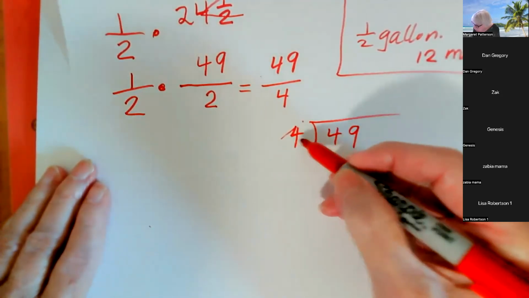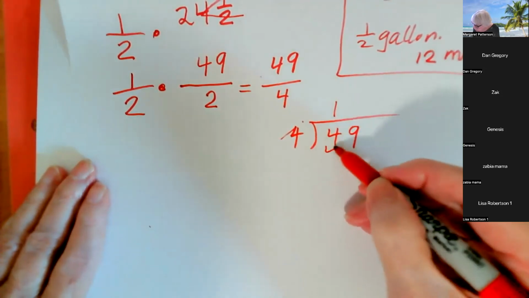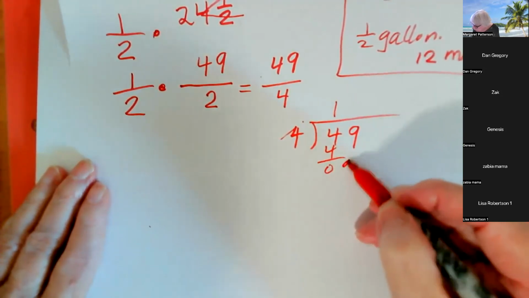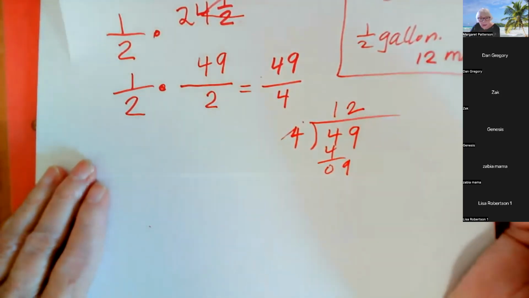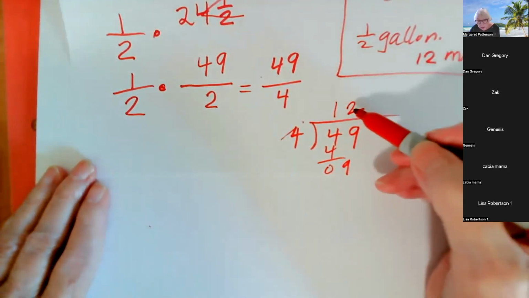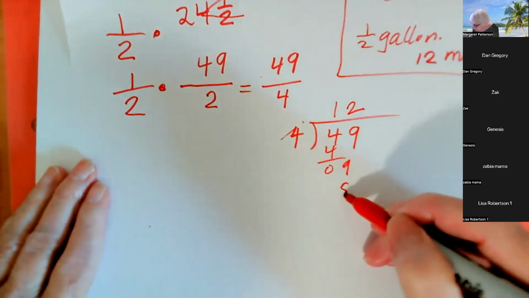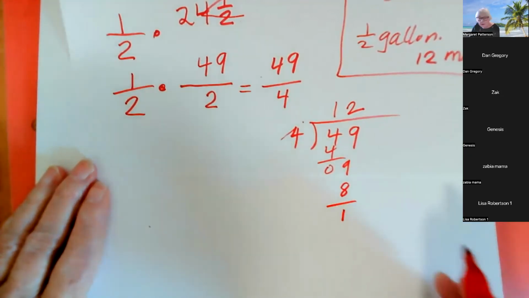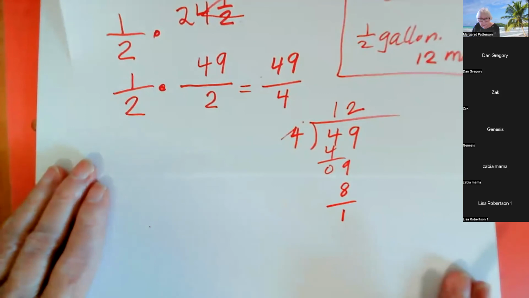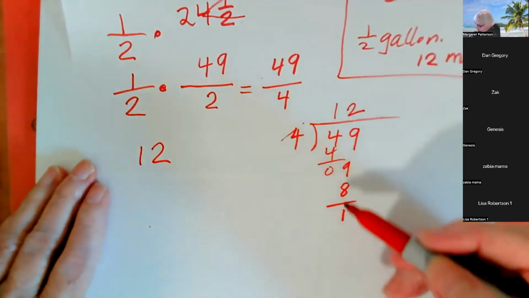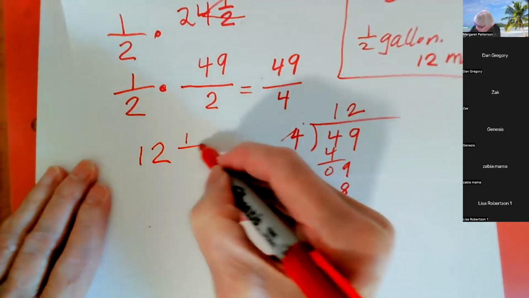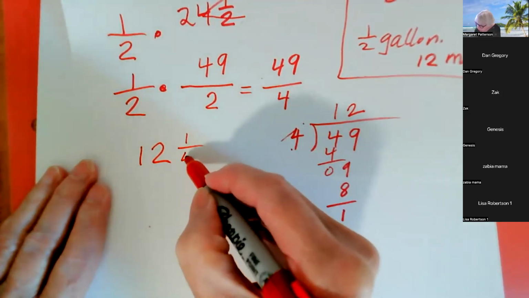Let's see. 4 goes into 4 once. 4 goes into 9 twice. 2 times 4 is 8. And 1 left over. So the answer is 12, remainder 1 over the divisor 4.